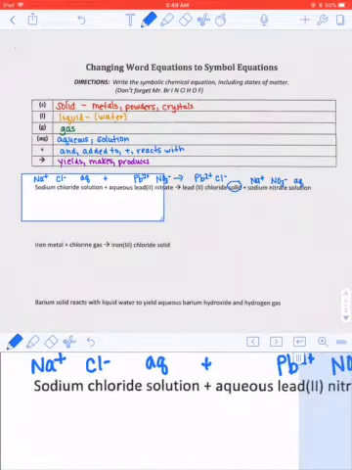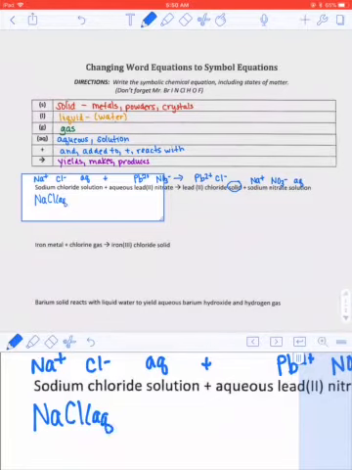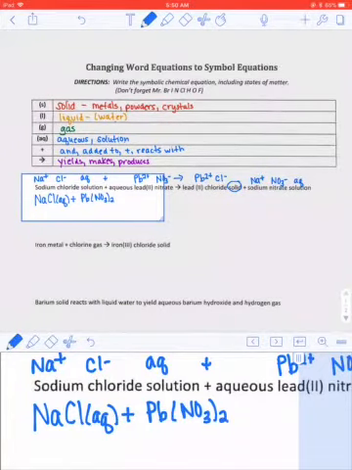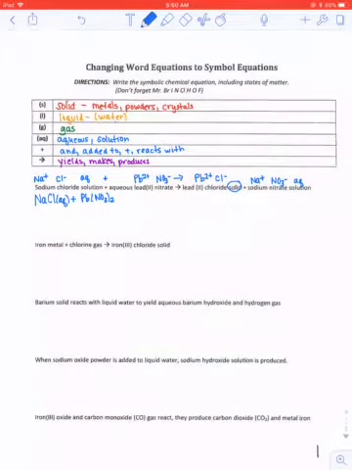So now I can put it all together like we were doing with our ions. Na plus 1 and Cl minus 1 is NaCl, and it's aqueous. We have to put the little symbol afterwards. And aqueous lead 2 nitrate, so that's Pb(NO3)2. I need 2 of those nitrates, and that is also aqueous.